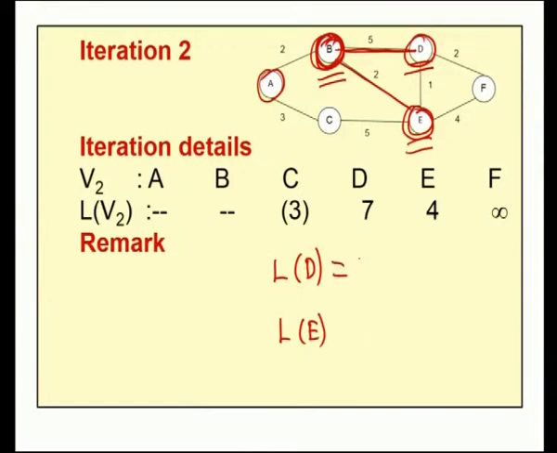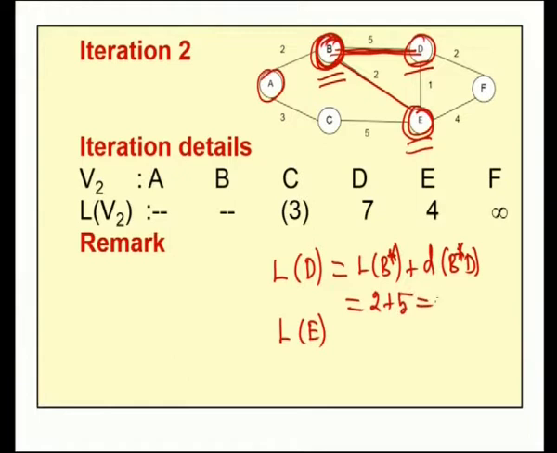Now, L of D is L of B star plus the distance from B star to D. L of B star is 2, which we obtained in the first iteration, and the distance from B to D is 5.